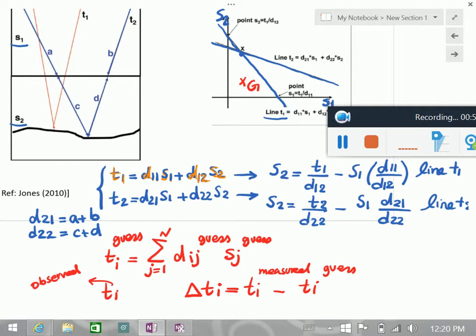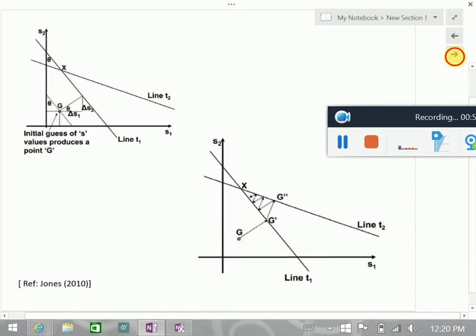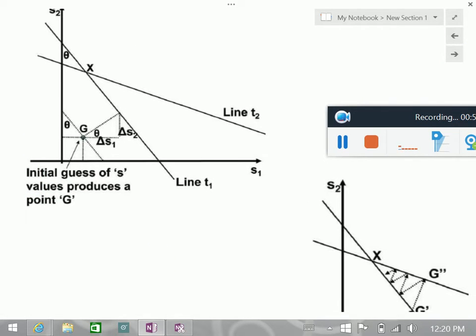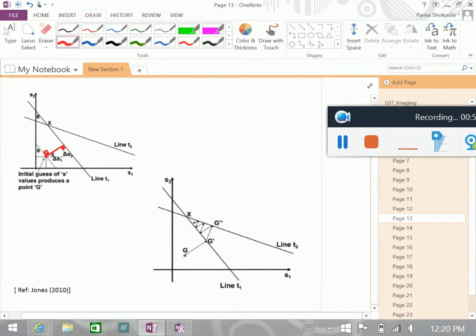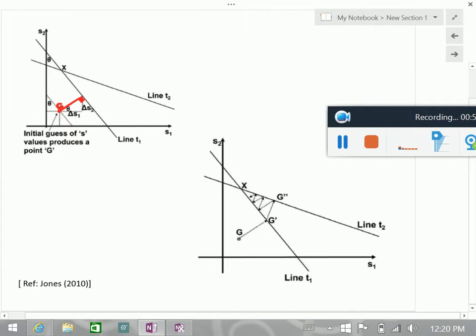And it turns out that if we start from a point like that, you can use the geometry. If we go perpendicular to this line, we can iteratively correct for the slowness in medium 1 and 2, delta S1 and delta S2. And without going to the details of geometry, you have the angles which are equal. You can just use the similar triangles.